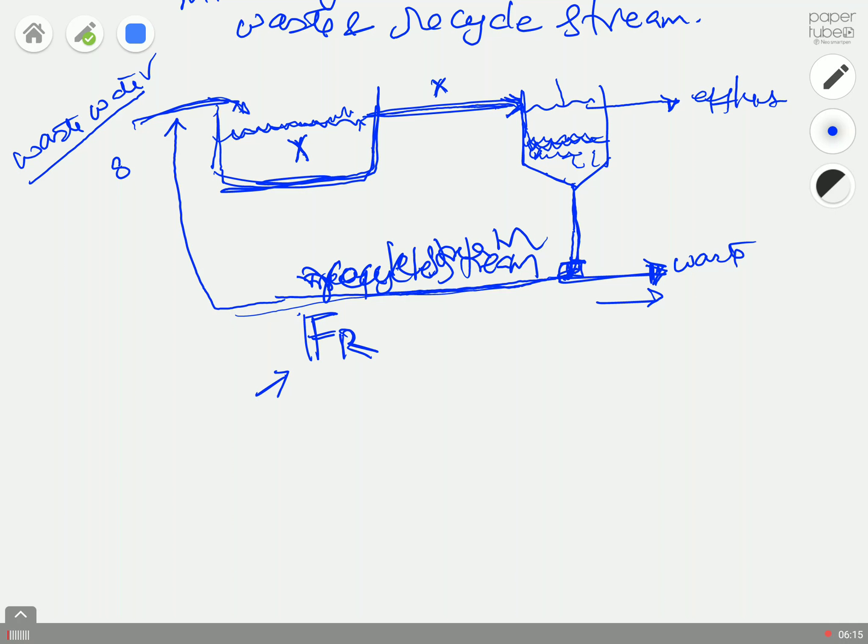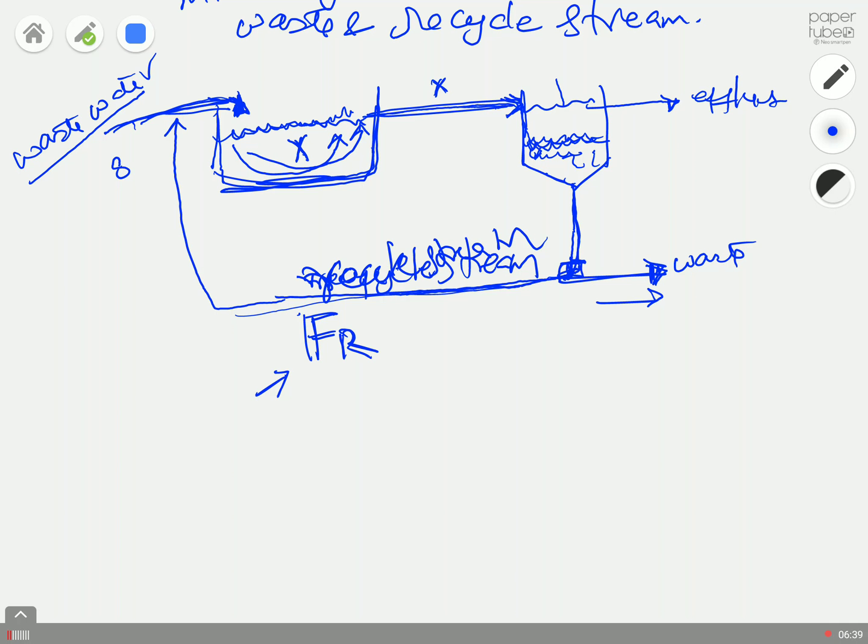So what we do is pump a large quantity of wastewater in the input stream. So we increase the flow rate, but when you increase the flow rate beyond some extent, it will sweep away all the microorganisms.